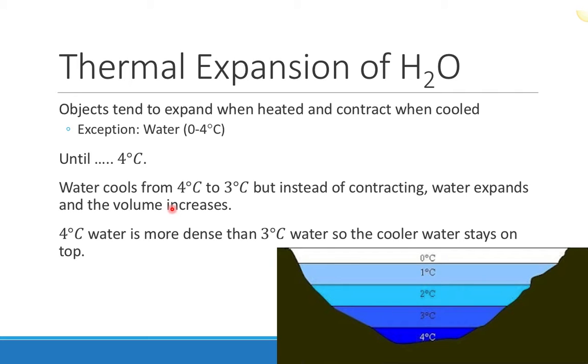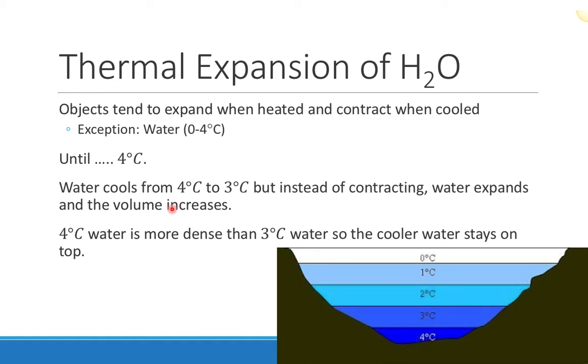So say it's really warm at the top during the day, then really cool at night. The top layer of water cools down and contracts. It becomes more dense than the warmer water below, and because it's more dense, it sinks. So the cooler water sinks to the bottom, and the warmer water rises to the top because it's less dense.